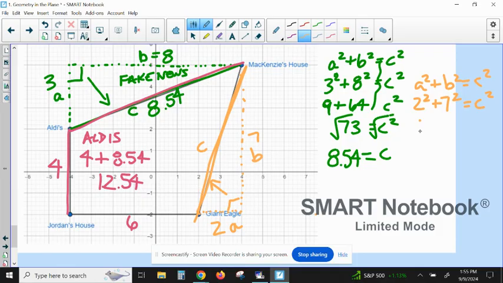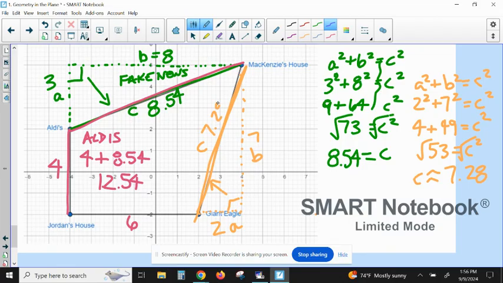So what do we got here? 4 plus 49 equals C squared. 53 equals C squared, and we take the square root of both sides. So we get what? C is approximately 7.28. Okay, let's put that in our picture. 7.28.